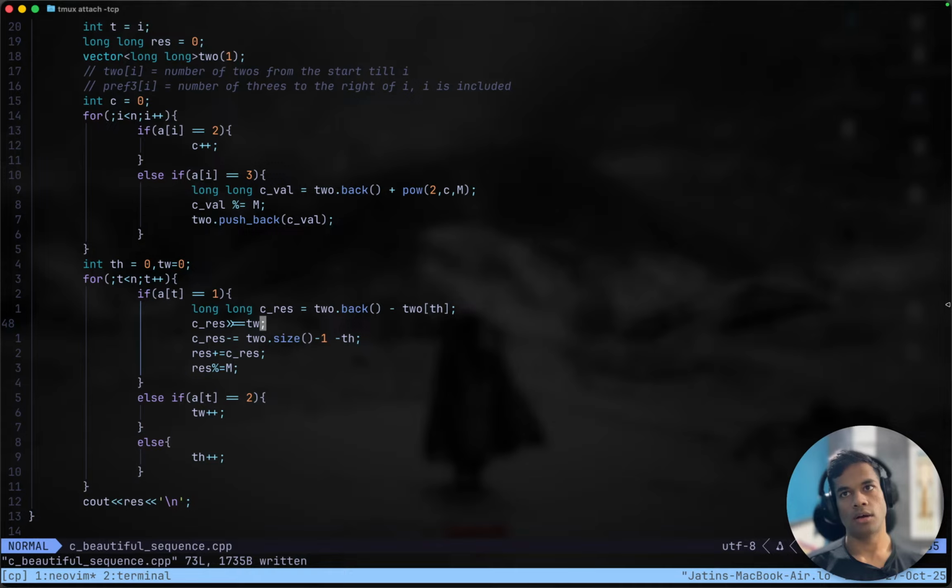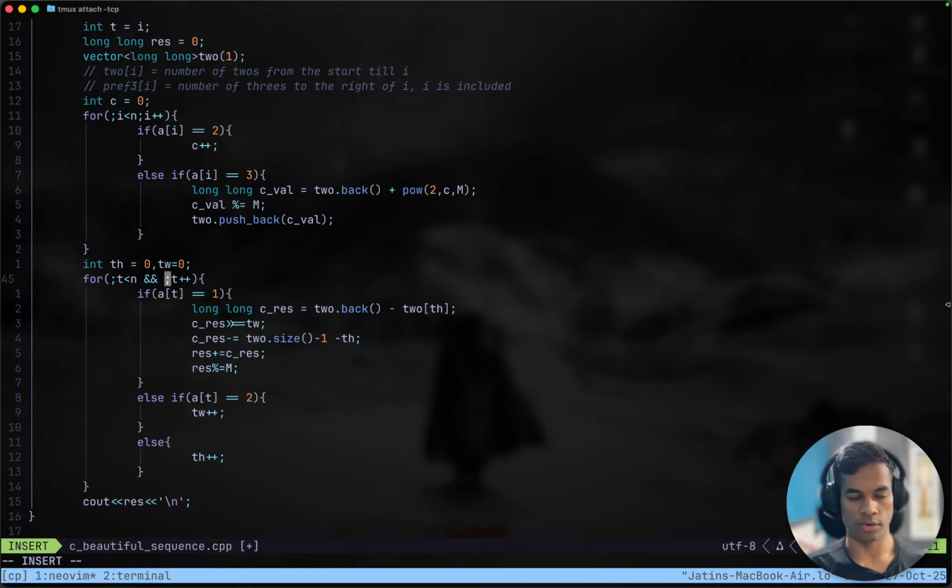And we will only go till there is a 3. First of all, we will not go outside of the range.